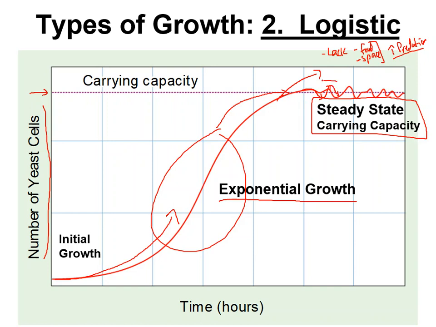So when you survey populations in the wild, depending on the species, they're usually in some sort of flux around a carrying capacity. And the carrying capacity is unique to the species. So the carrying capacity for oak trees is going to be different than for dandelions, but it's also going to be unique to the ecosystem.